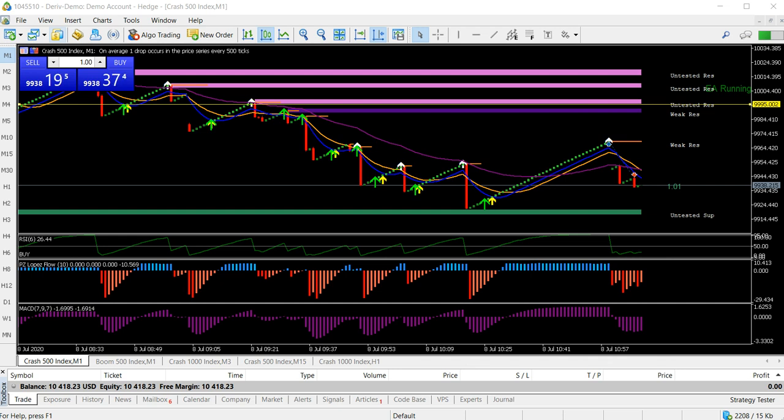Now, I'll advise you to go for just one candle or one bar with multiple positions. So, for instance, you're using a lot size of 1.00. If you enter one bar in the crash market, crash 500, you need 1,000 points to give you one bar.